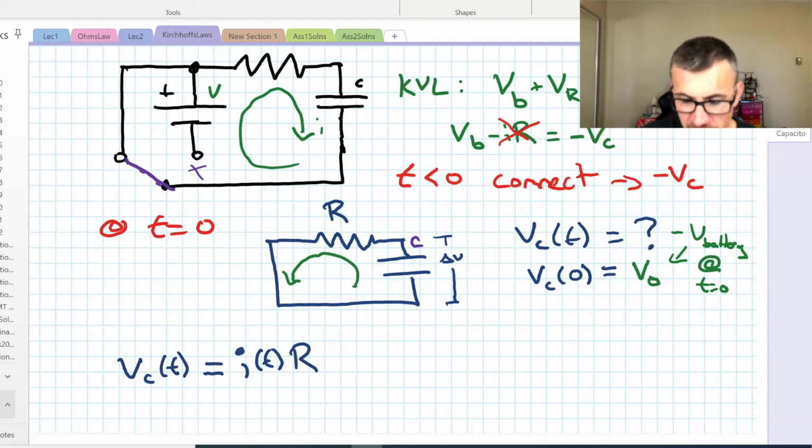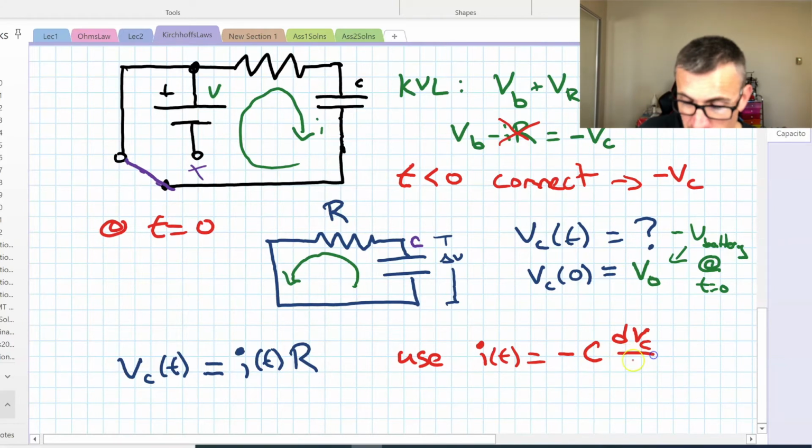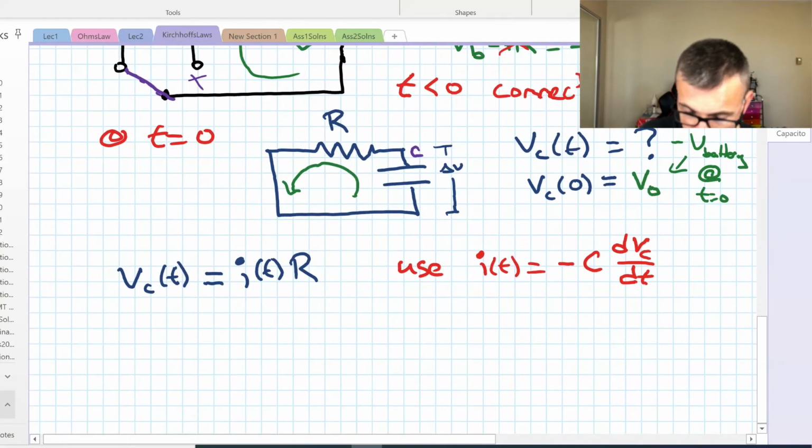How do we proceed? Well, we can use our equation above. We'll use the fact that I of t, dq by dt, is equal to negative C dV by dt, that's specifically the voltage across the capacitor as a function of time. Okay, we've done that now. And we have to be careful, this is technically the current through the capacitor.